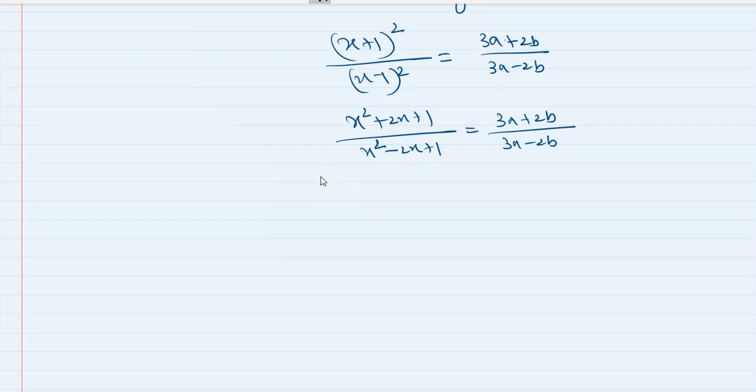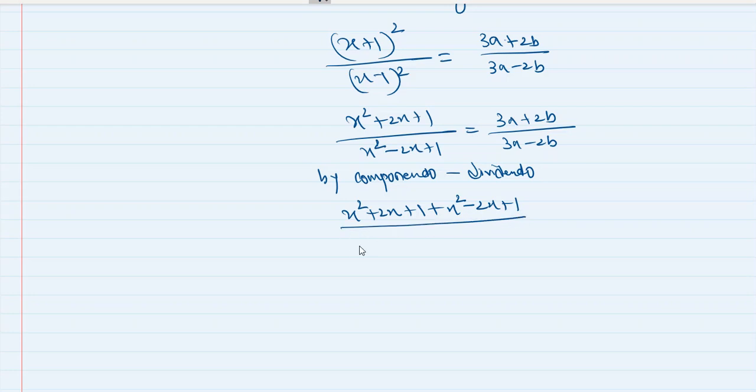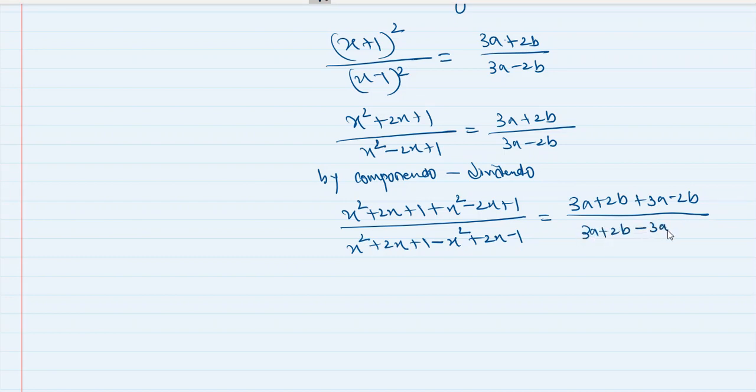So applying componendo dividendo, we get x square plus 2x plus 1 plus x square minus 2x plus 1 the whole upon x square plus 2x plus 1 minus x square plus 2x minus 1 is equal to 3a plus 2b plus 3a minus 2b the whole upon 3a plus 2b minus 3a plus 2b.